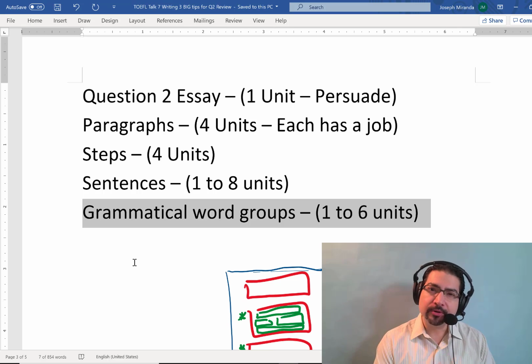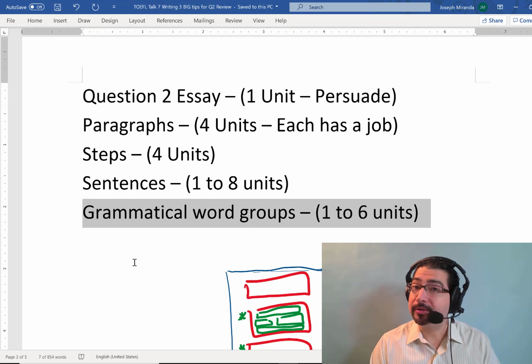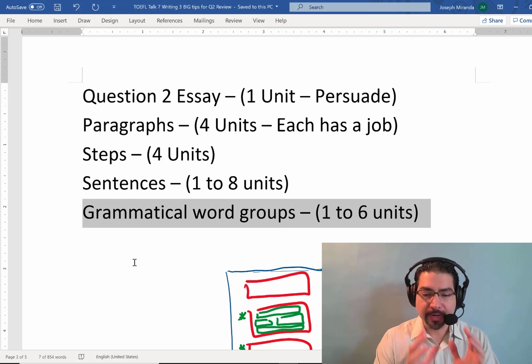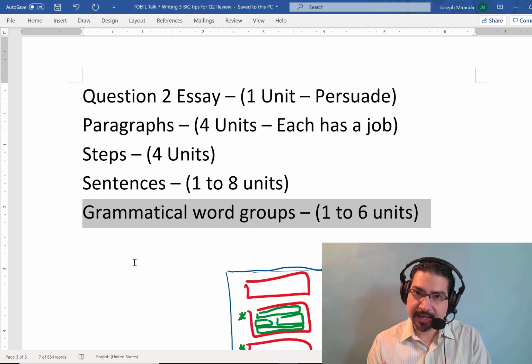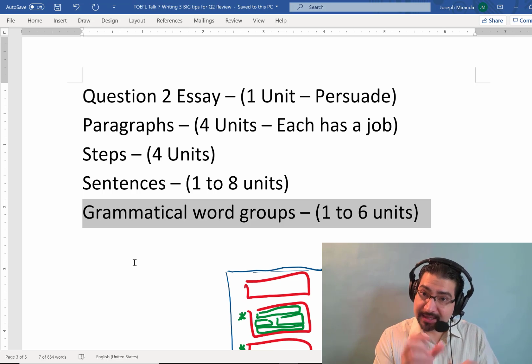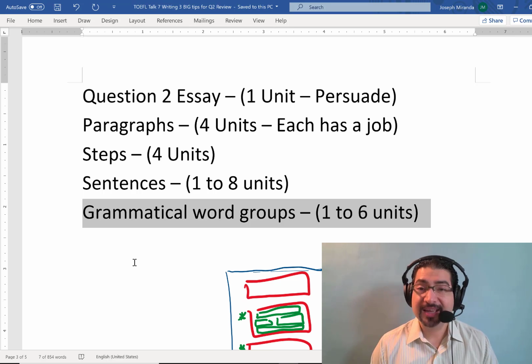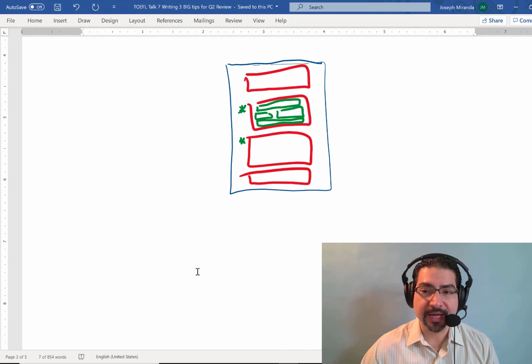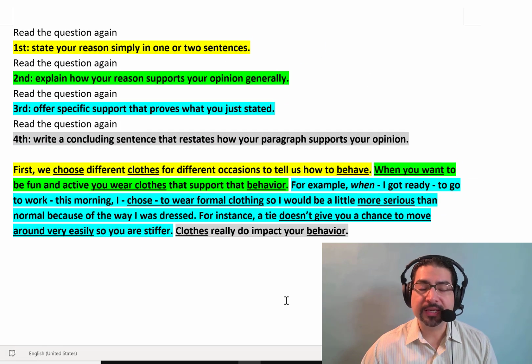That way you can double check the grammar, the prepositional phrases, the subject-verb agreement. So it's like one piece at a time. You write sentences in little grammatical units, so that way you can really produce the best essay overall. Hope that makes sense.